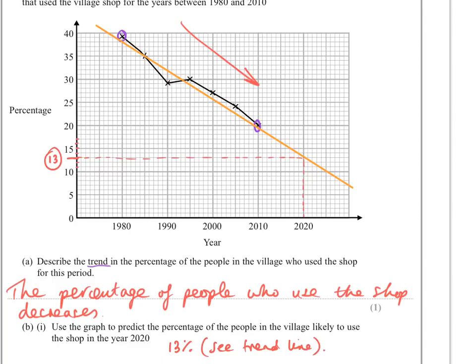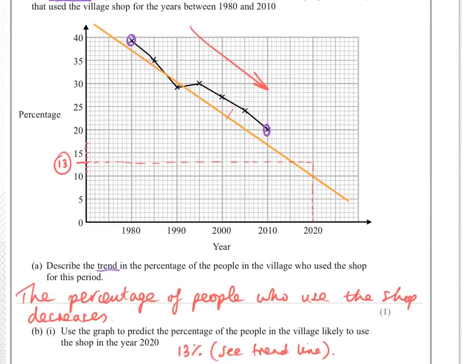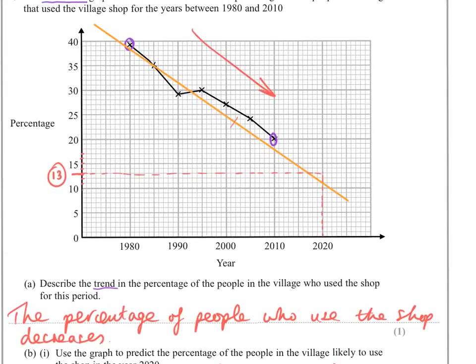Okay, and I'm sure that you'd get scope for having maybe 14, 15 or 16 or something like that, because if you were to change your line here, you might have something like that, for example, or something like so, and if you did, then that would just give you 14 as your estimate.